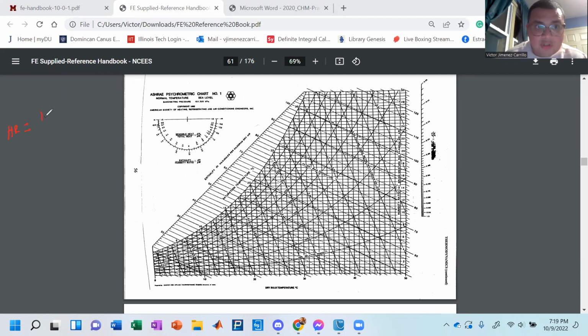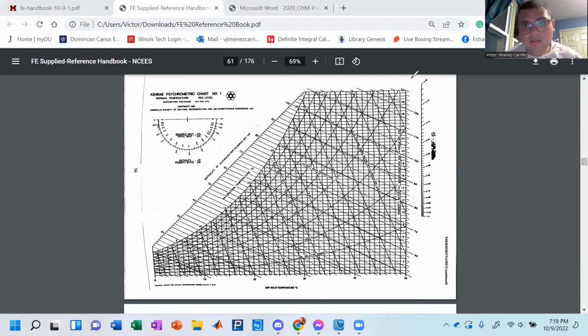In our case, the grams of moisture is 1.2 kilos multiplied by 1,000, because that turns into grams, divided by kilos of air, which is 50 kg. This gets you a total number of 24. That is a humidity ratio, and we just followed what it says right here. So we have a number of 24.